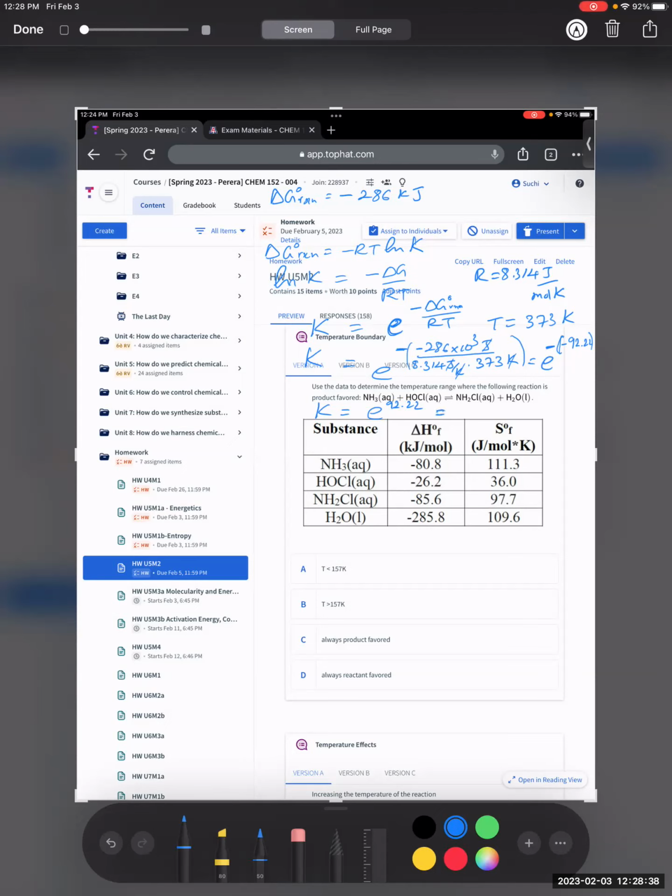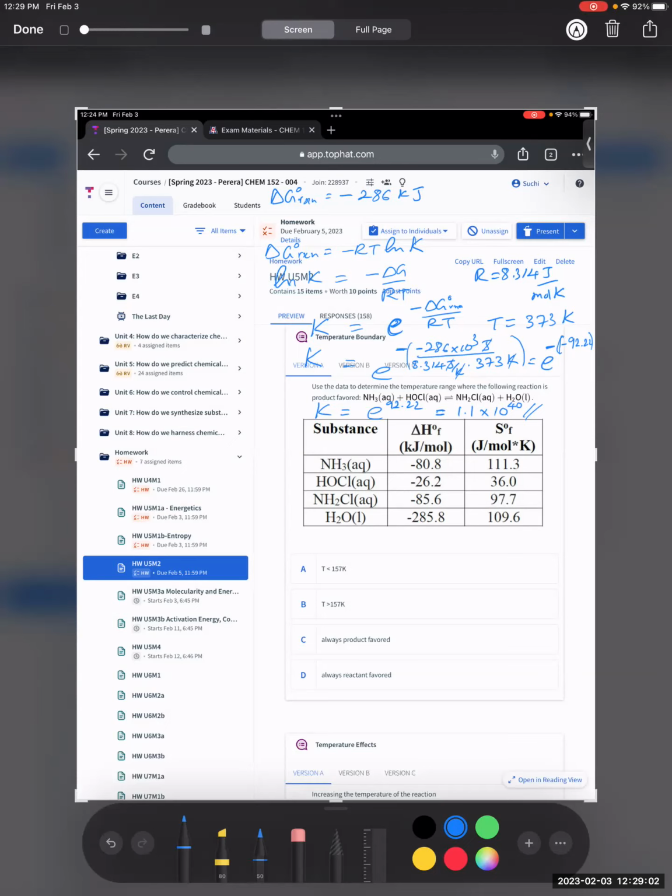Anyway, I got 1.1 times 10 to the power of something. We should all check that as my K value. I just did this calculation because it is on Top Hat, and I want to show you guys how to use that value and calculate the numbers.